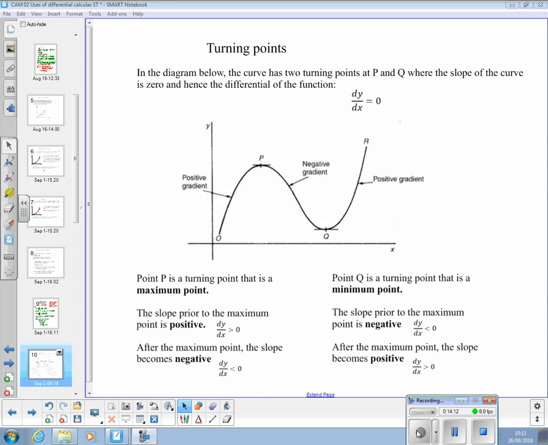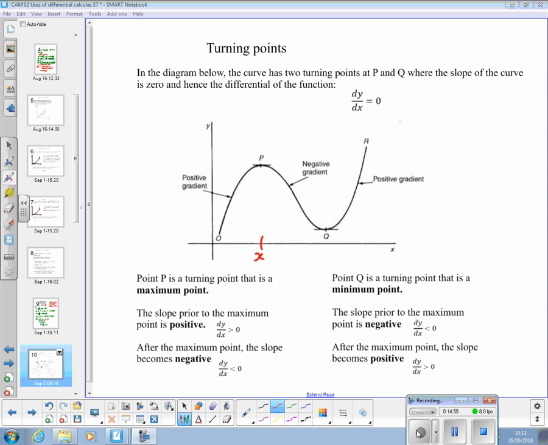So when we want to find these turning points, we may want to know not only is it a turning point, but what nature is it? Is it a maximum or a minimum? There are two ways we can solve that problem. We can find a function for the gradient, dy by dx, set that equal to 0 and find a point for x where dy by dx is equal to 0.